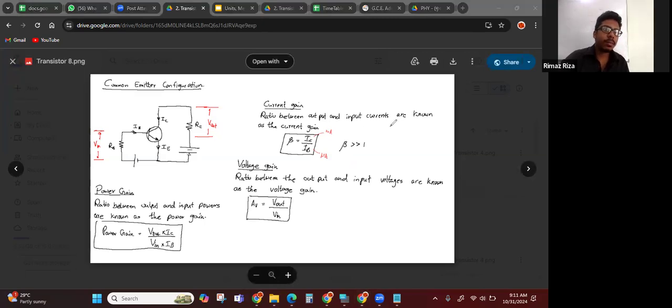So IC is a current in the milliampere range, and IB is a current in the microampere range. That means the IC is 1000 times greater than the IB, approximately equal to 1000 IB. Okay. So therefore, the beta is very large. So here beta is the current gain in common emitter condition.